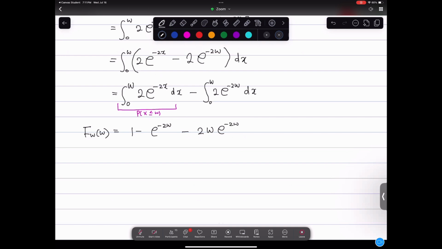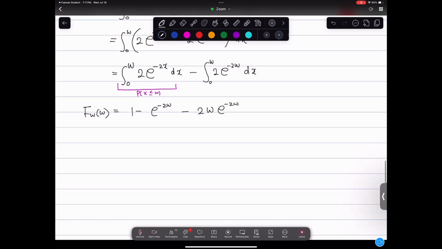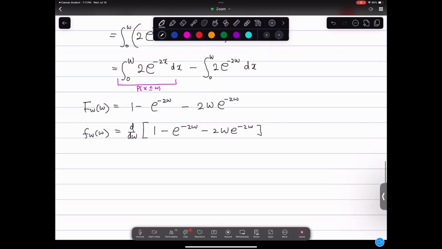All the way down. And the derivative. So little f of w is the derivative of this whole thing. So I have to do the product rule and so on, which you can do. I'll let you get the final version of it. So you will get 4 times w e to the power of negative 2 times w, for w being 0 to infinity and 0 otherwise.